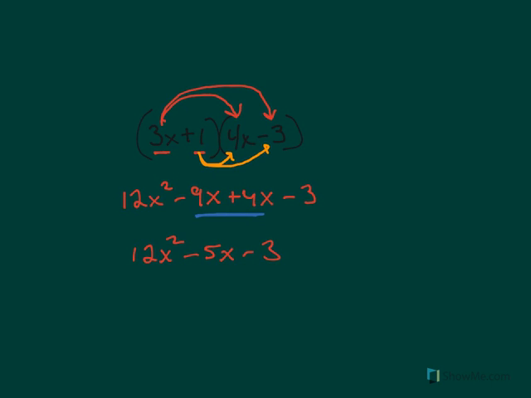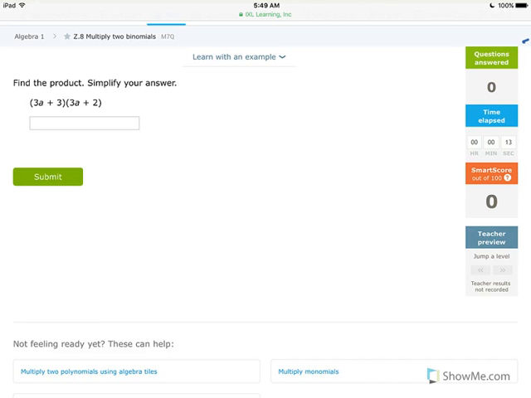So when you're multiplying two terms against two terms, 9 times out of 10, especially for an Algebra 1 practice problem, these two middle terms end up being like terms, and you can simplify and put those together. And here's our first IXL.com example. So the 3a, we'll distribute that. So 3a times 3a, that's going to get you 9a squared. 3a times the 2 is going to get you 6a.